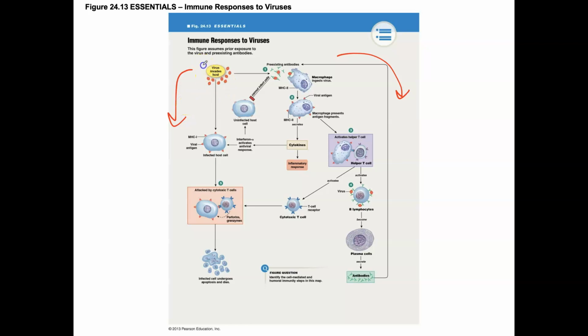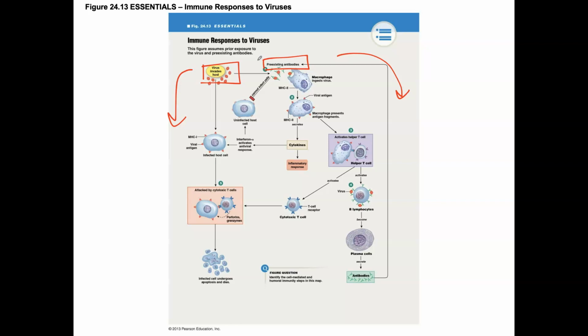So when a virus invades a host, there are several things that are taking place. The first thing to take a look at is, do we already have antibodies that are pre-existing within the body? If there are pre-existing antibodies, then those antibodies can already attack the virus.